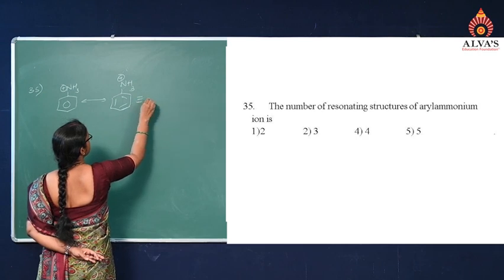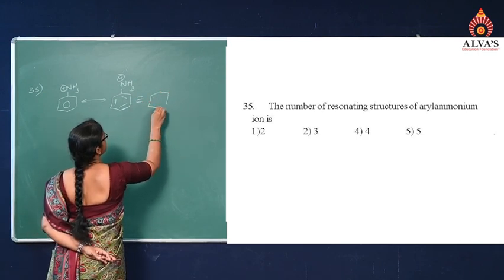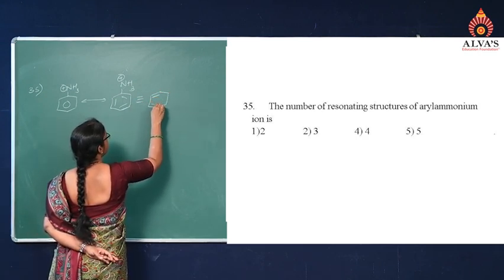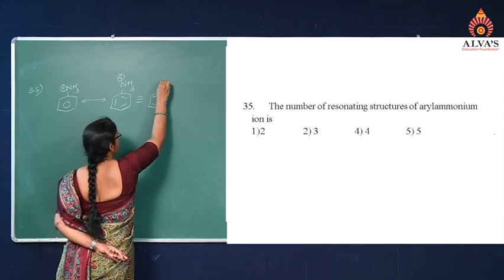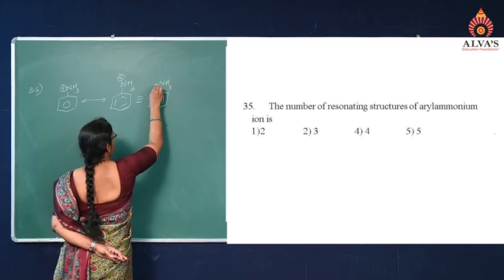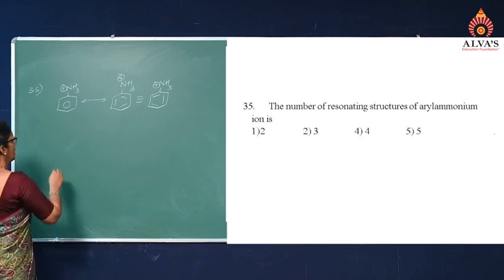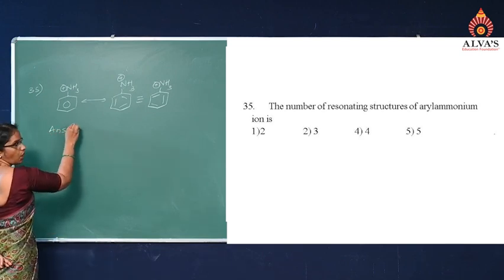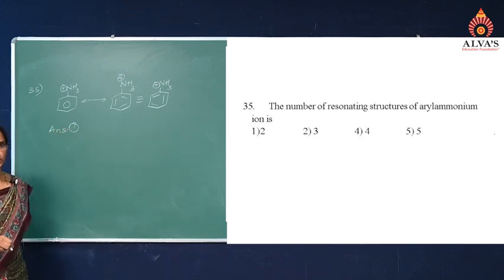Those are all the structures that we can find in case of aryl ammonium ion. So for that, answer is option 1. You have only two structures possible for aryl ammonium ion.